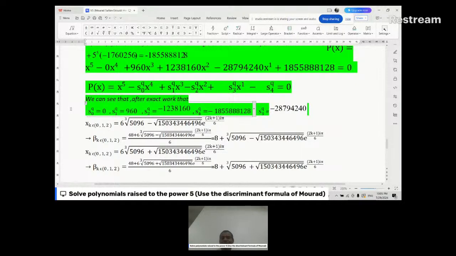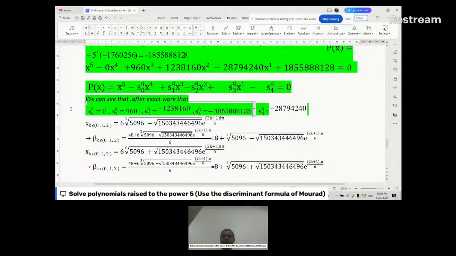Therefore, the roots of my original polynomial that I started with are labeled beta subscript k, for k from 0 to 2, equal to 48 plus xk, all divided by 6, because I extended this polynomial to the power 6.